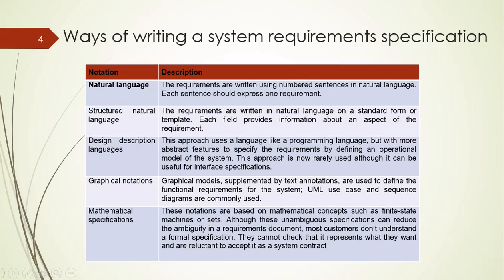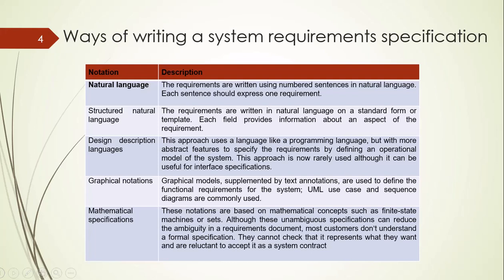Ways of writing a system requirement specification. Natural language: the requirements are written using a number of sentences in natural language. Each sentence should express one requirement. The second way of writing a system requirement is structured natural language.